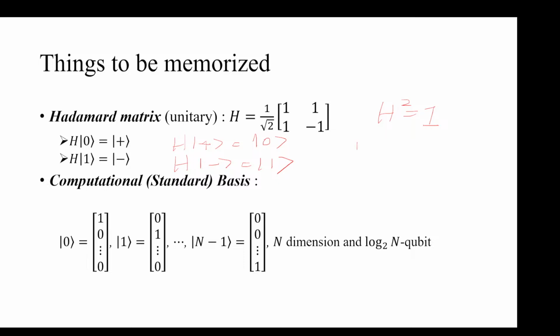Another thing is that you can act on the matrices themselves: Hadamard X Hadamard equals Z, and Hadamard Z Hadamard equals X.